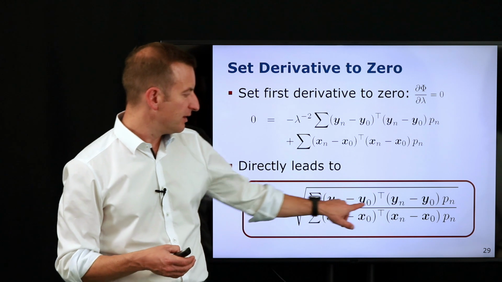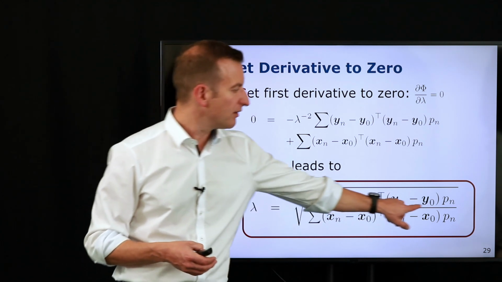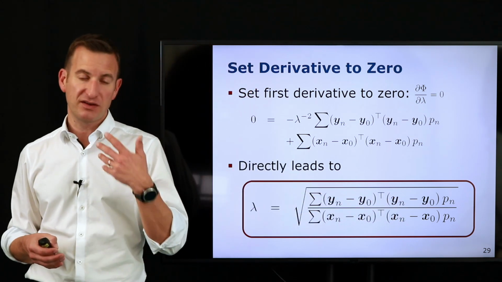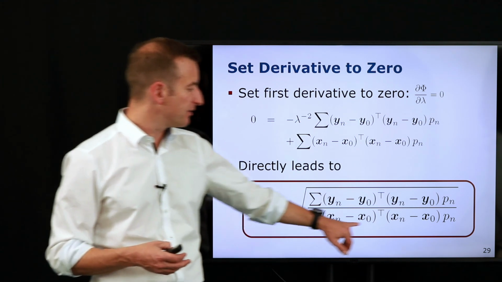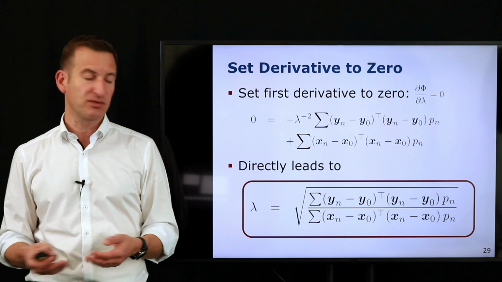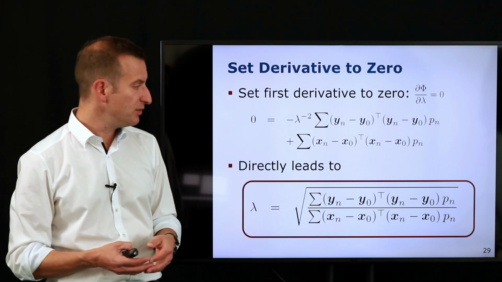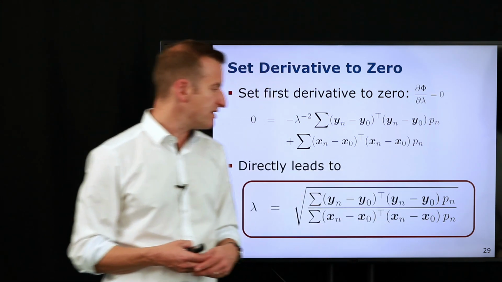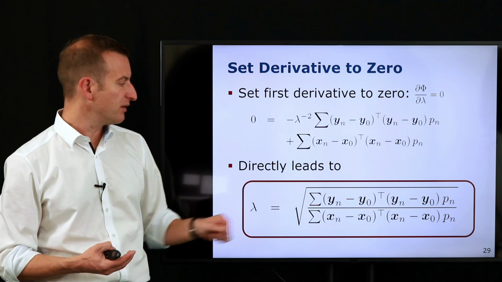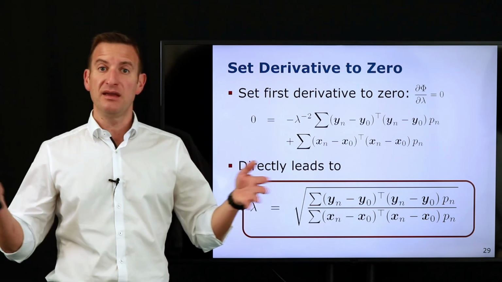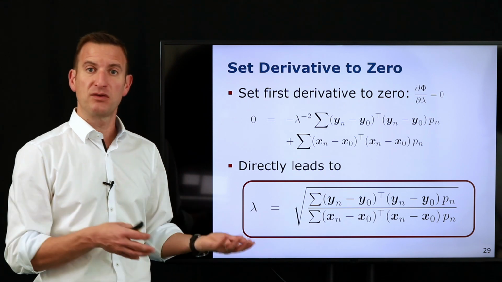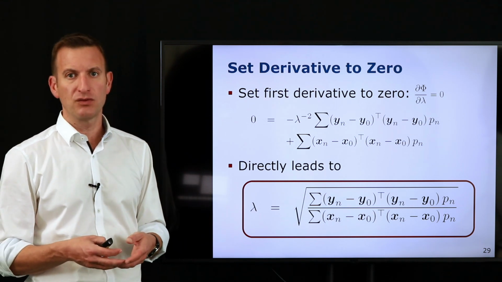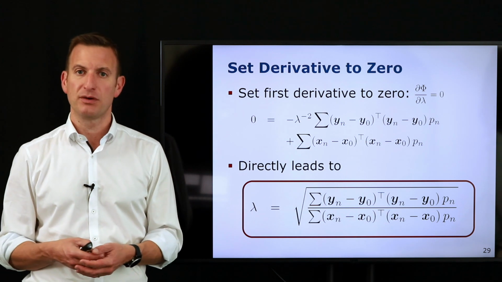We have here the spread of my point set yn with respect to its mean, and here the spread of the point set xn with respect to its own mean that we just computed, always weighted with the importance of that point. So we are taking the spreads, the variance of the point sets with respect to their mean, into account in order to determine the scale parameter.